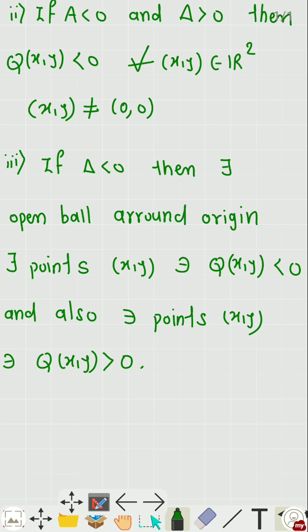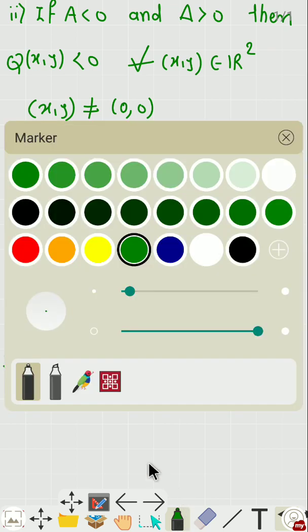Now we go to the next point of this unit, and the next point is Lagrange method.